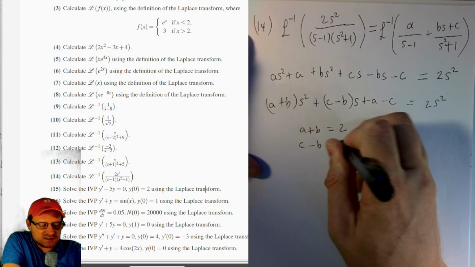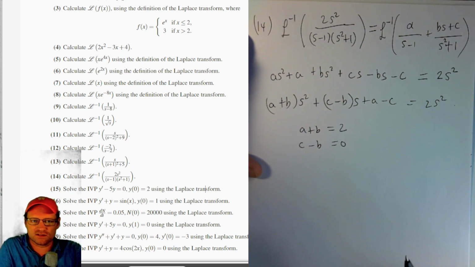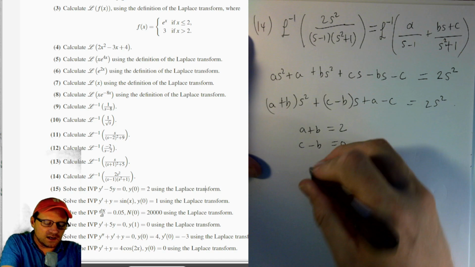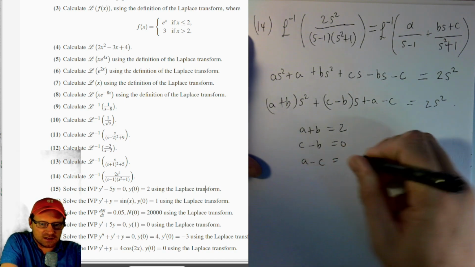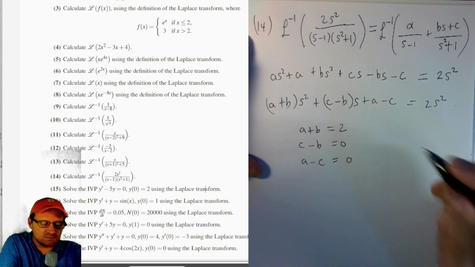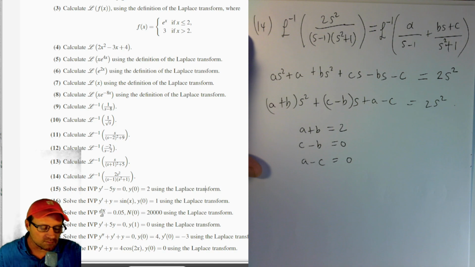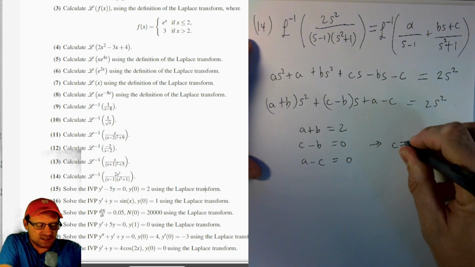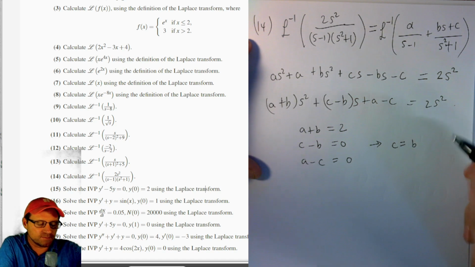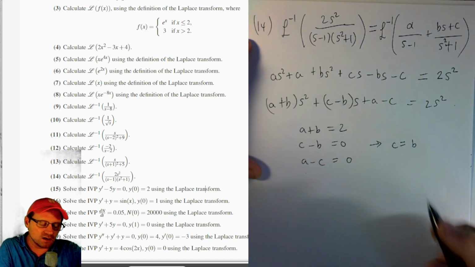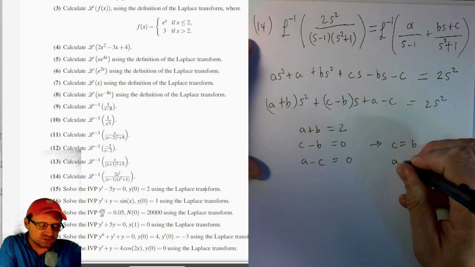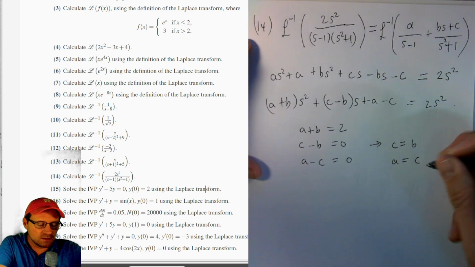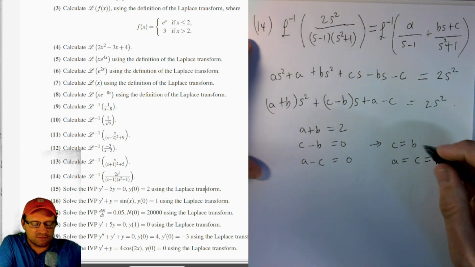C minus B is 0 because there are no single s's on the right-hand side. And A minus C is 0 as well. So this second equation tells us that C is equal to B, and A is equal to C is equal to B from there.